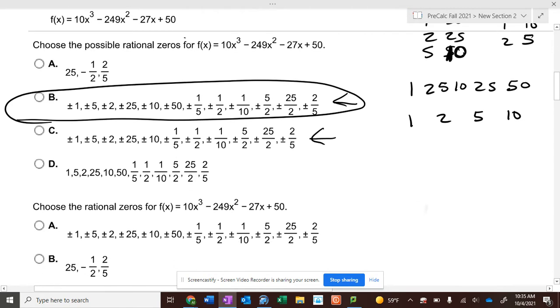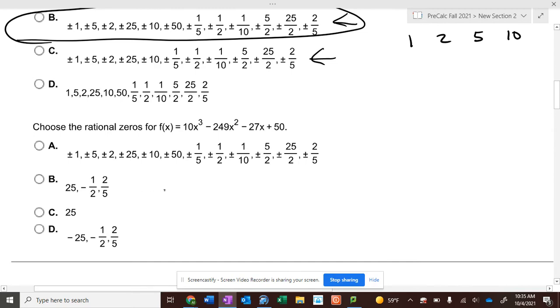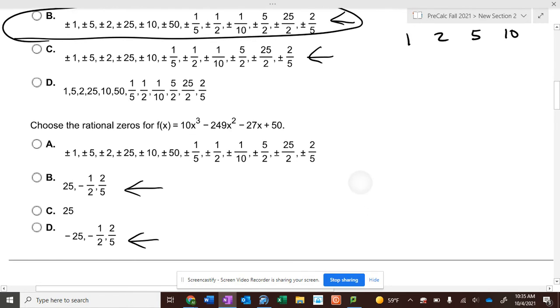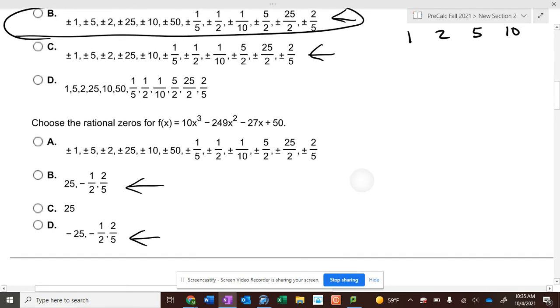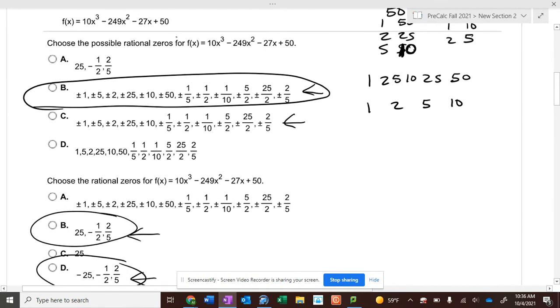Okay. So choose the rational zeros. Well, I got to figure it's either this one or this one. So which number am I going to choose when I do my synthetic division? What would be the easiest? Out of these numbers, what would be the easiest? Probably 25.